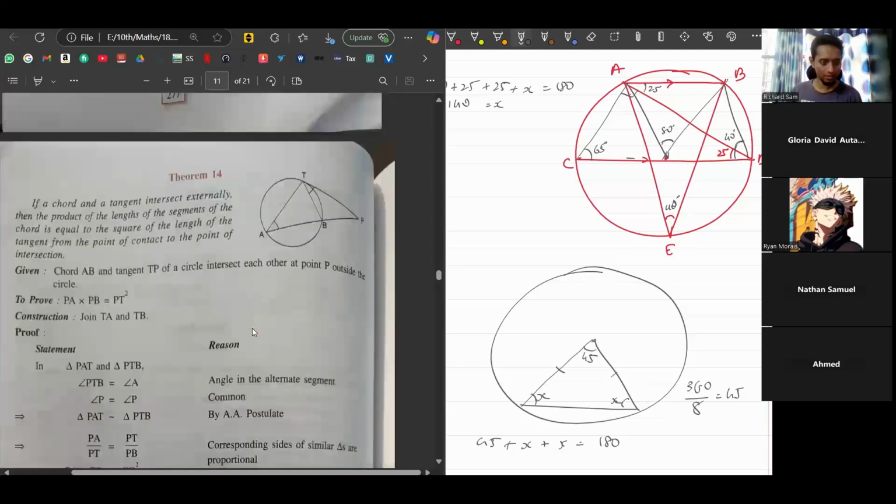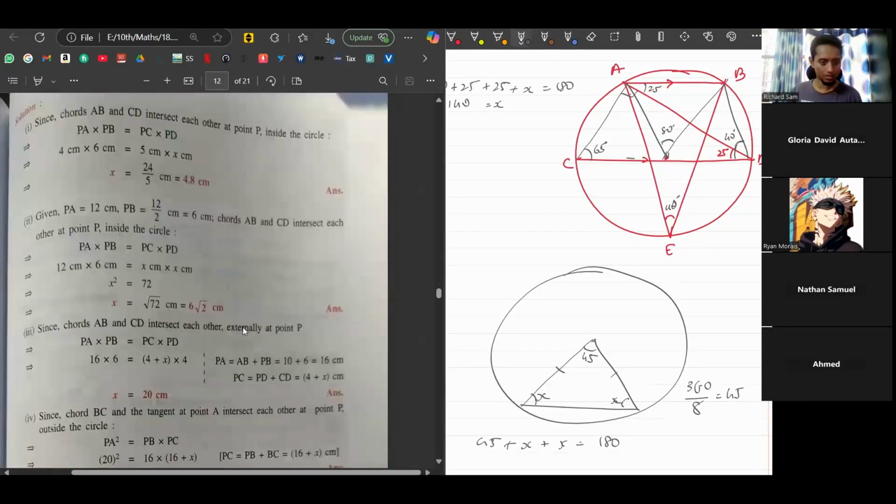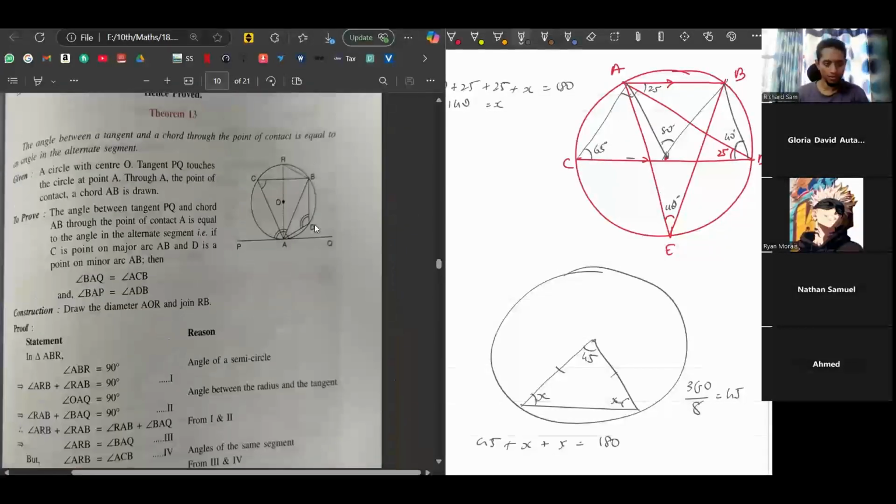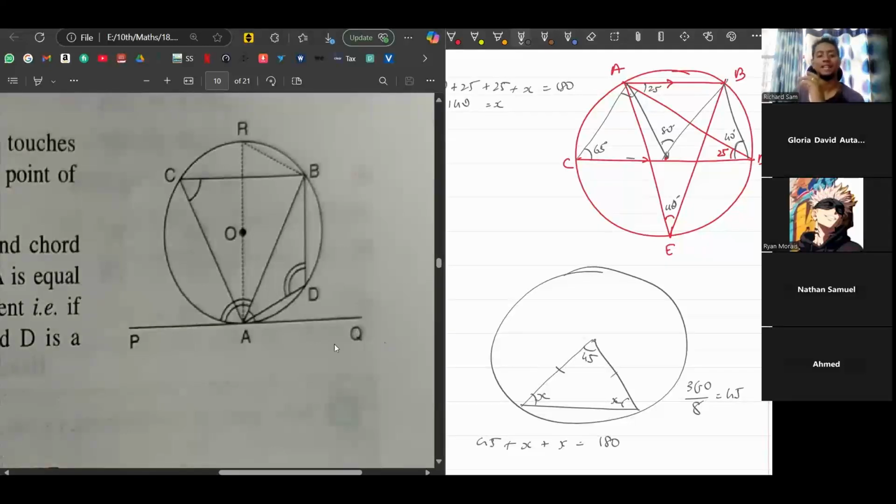And then how many more theorems? Two more theorems. This theorem is between a tangent and a chord. The tangent is PQ, the chord is say PA. So what does this theorem state?